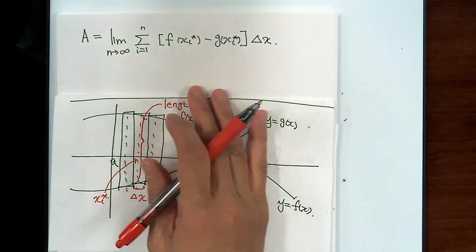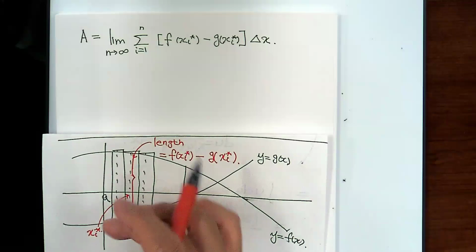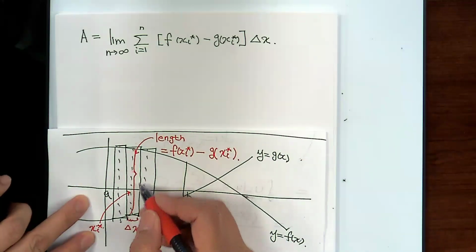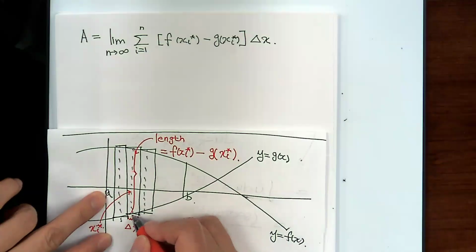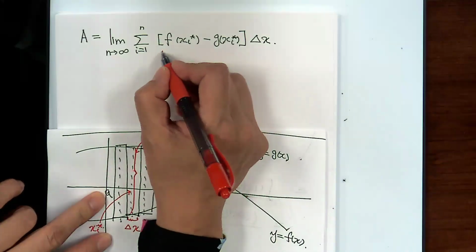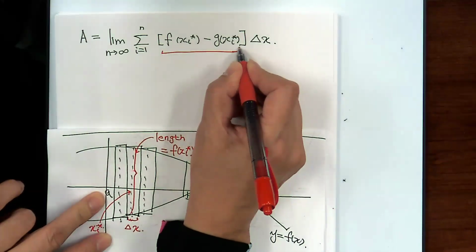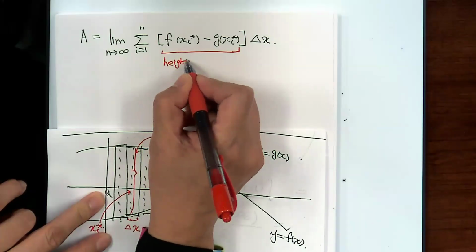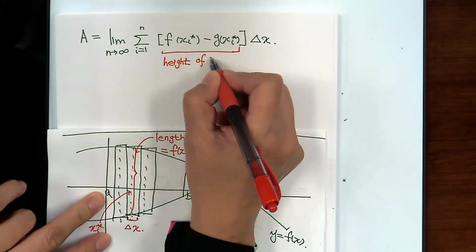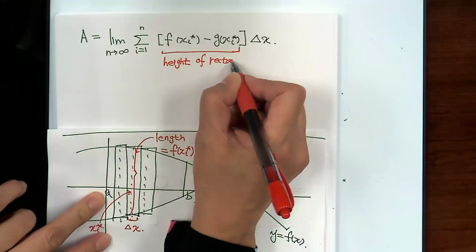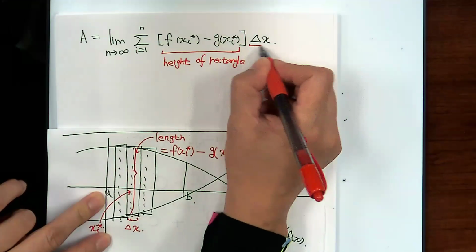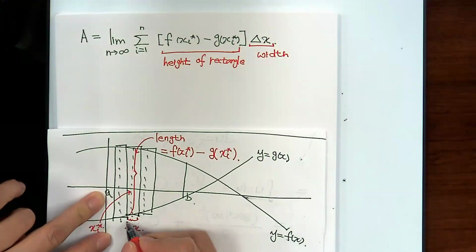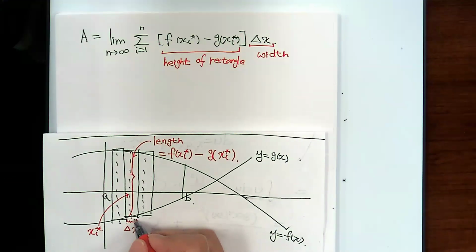What is happening here is that f of xi minus g of xi is the height of this rectangle, and this one is the width.